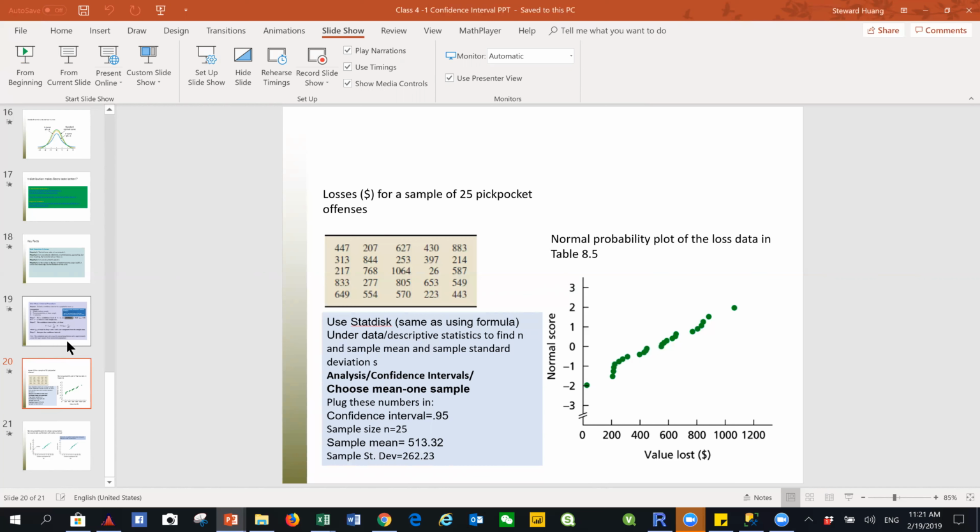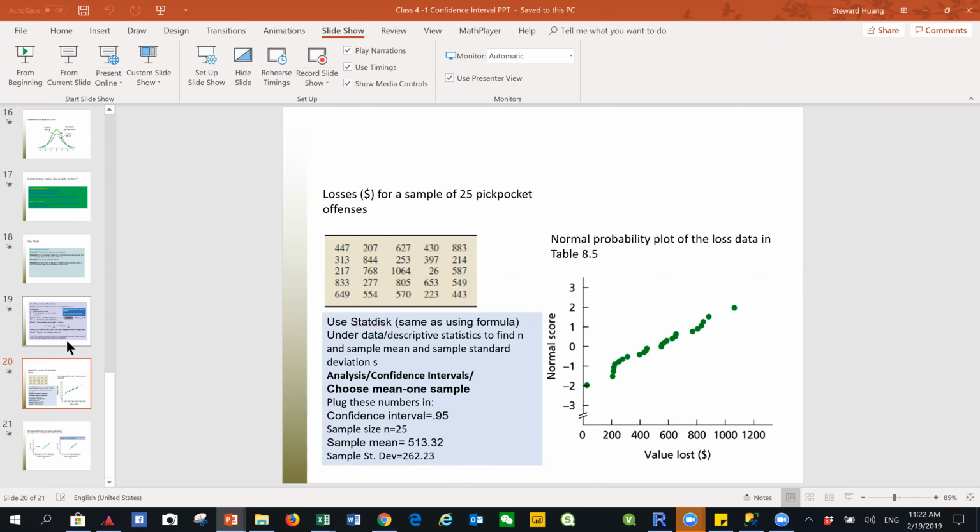But when you use a T distribution, you need to bear in mind that the T distribution has an underlying assumption, which is that the population distribution needs to be normally distributed. And the way to verify that is through a QQ plot or normality plot.